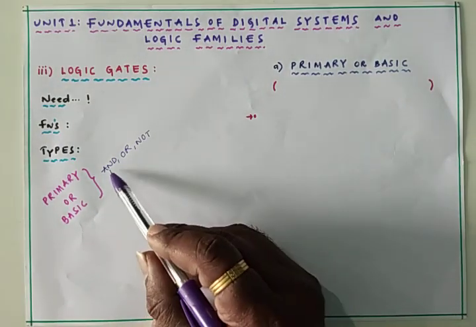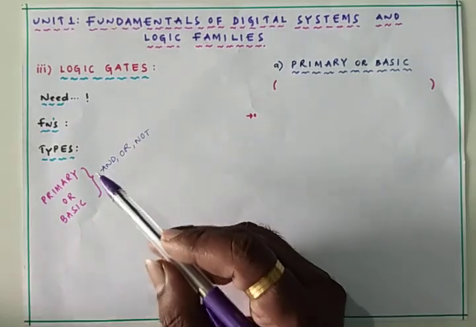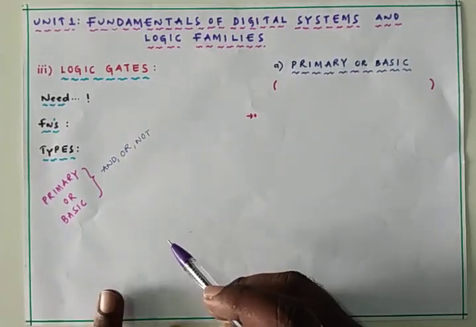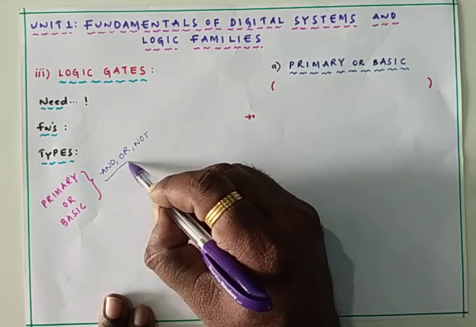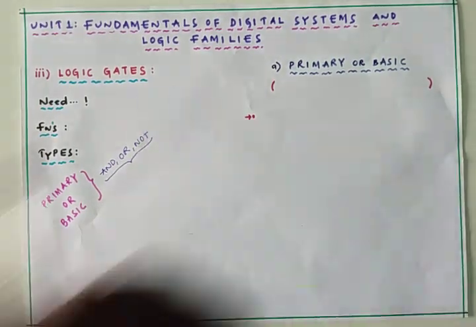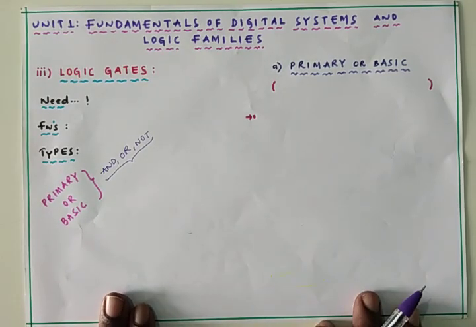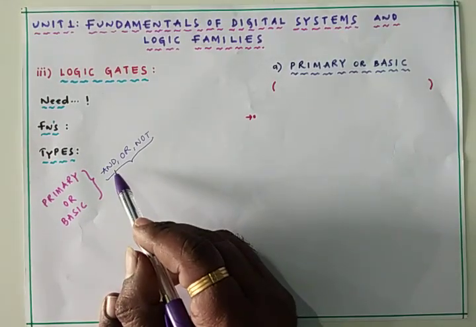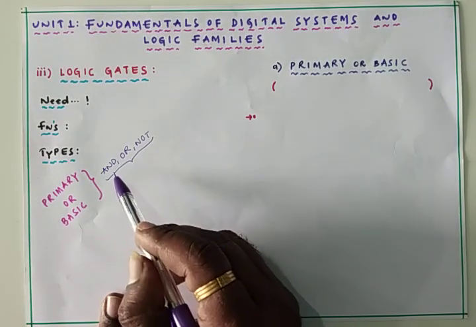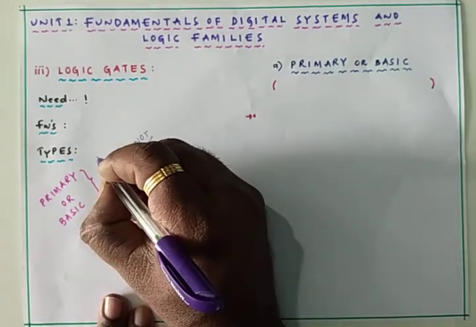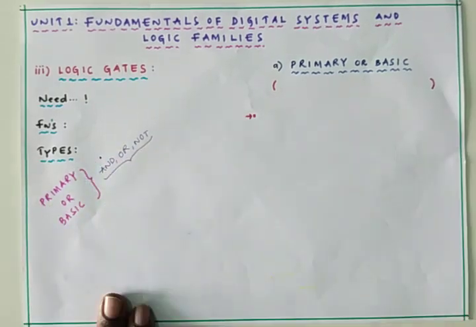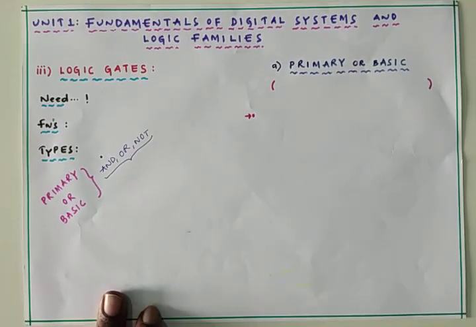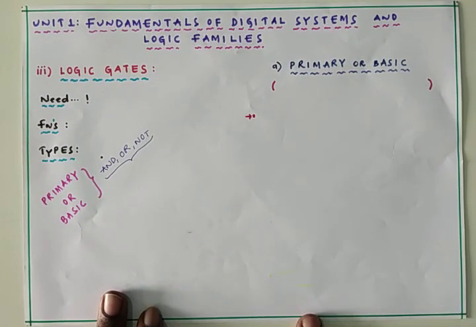Now, AND, by seeing this, we can call it an AND gate. It is used to perform the multiplication of the input signals, providing the product of the input signals. That product can be represented with a dot. Next gate is called OR gate.